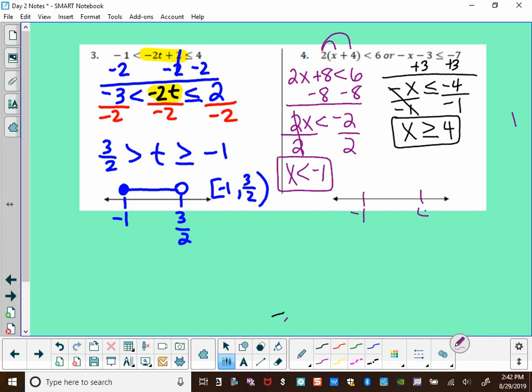Negative 1 and 4. It's an OR graph, so they're going to be going opposite ways. I need an open circle on the negative 1 and a closed circle on the positive 4. Go ahead on your paper, try to write the interval notation.